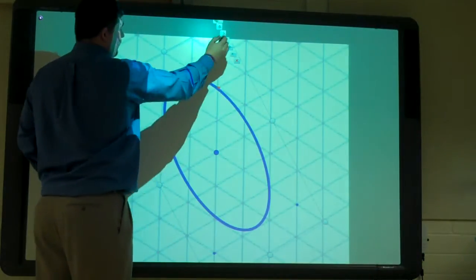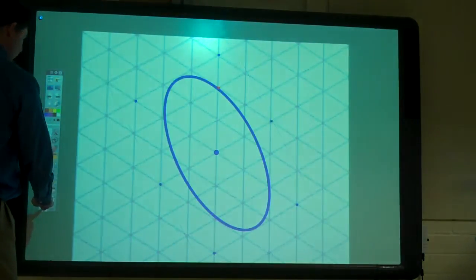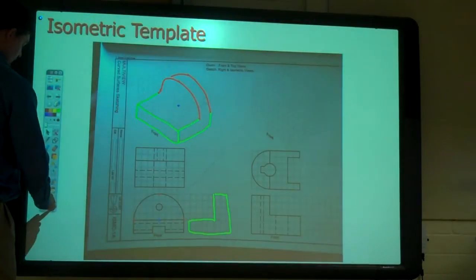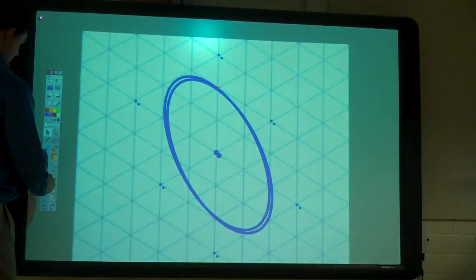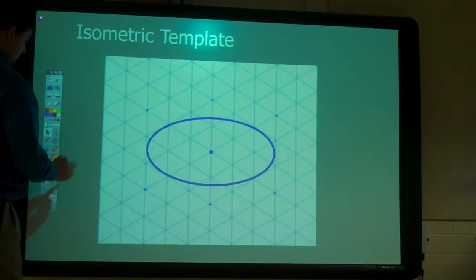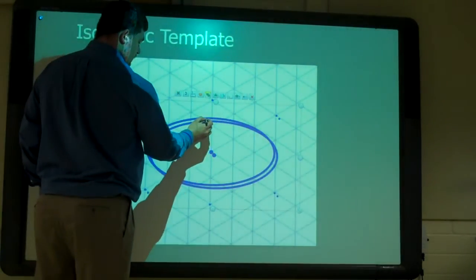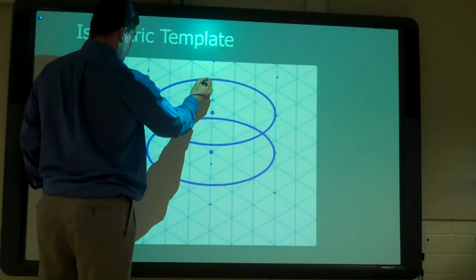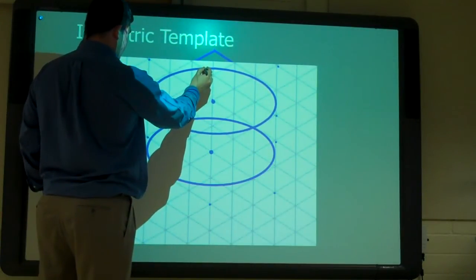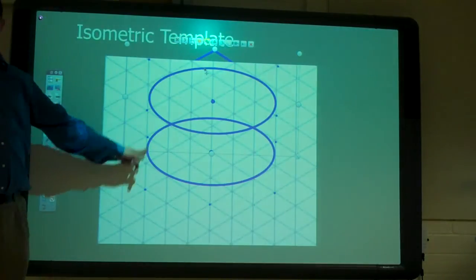Same thing if I had one up here. Now I have vertical lines connected.